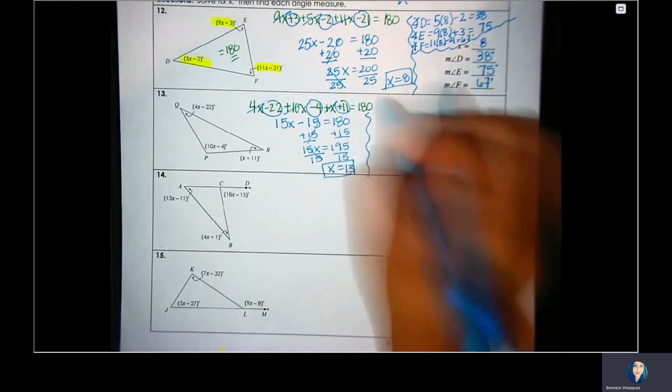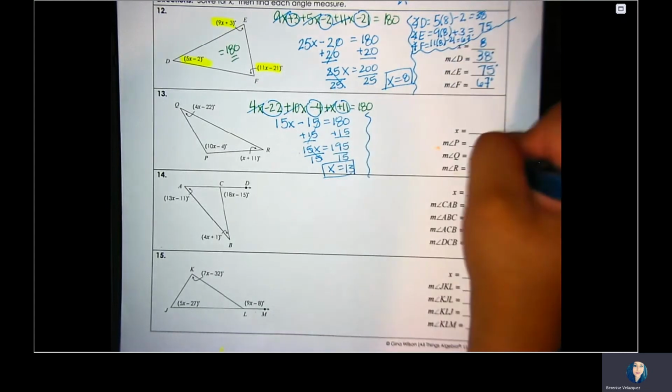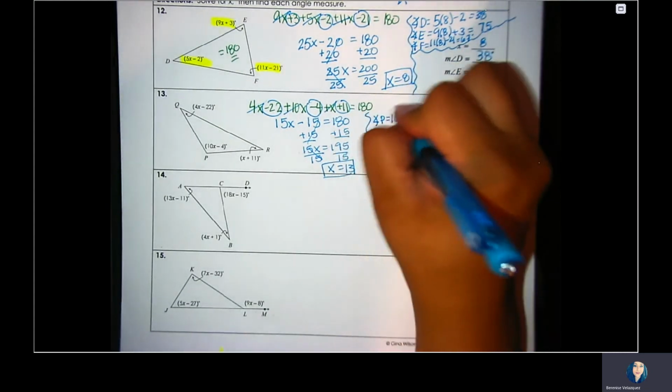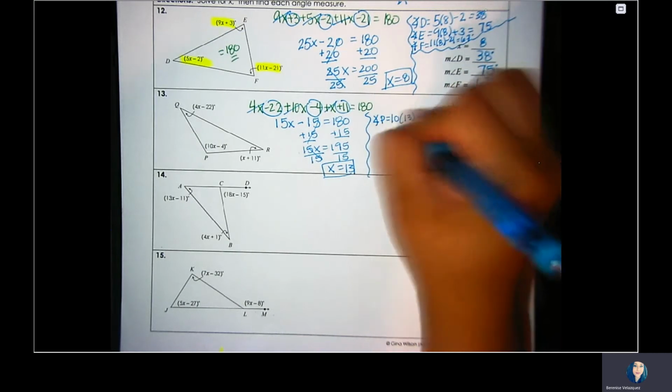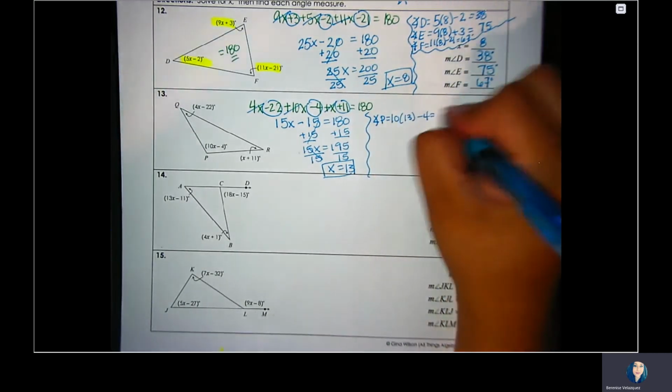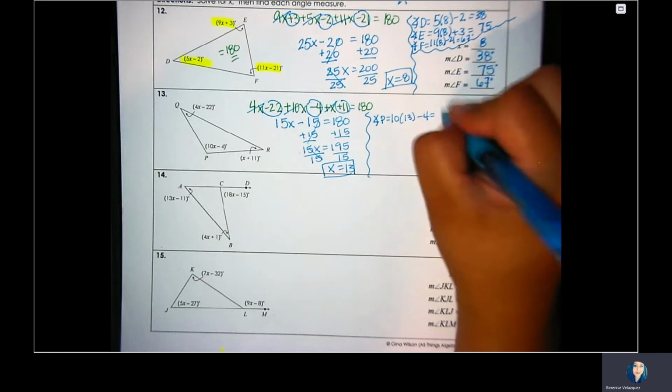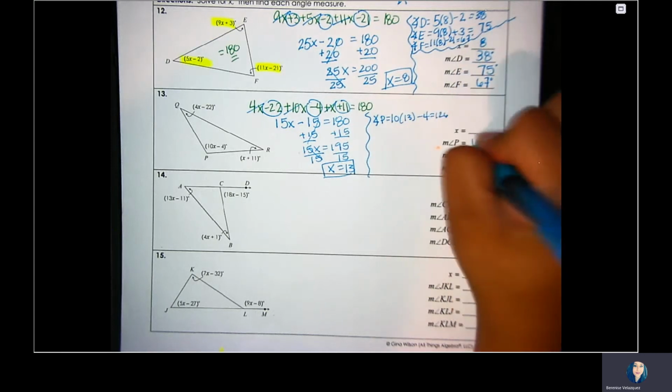Now I need to plug this in to P, Q, and R. So start with P. 10 times 13 minus 4. Now you could do this one in your head. 10 times 13 is 130. Minus 4 is going to be 126. And I forgot to write x. This one was 13.